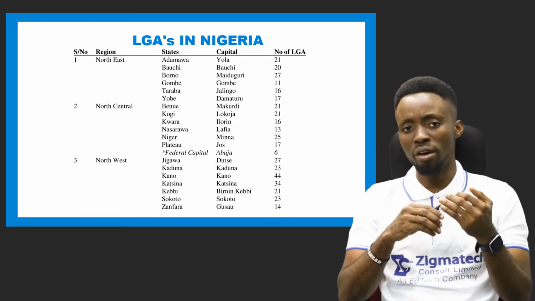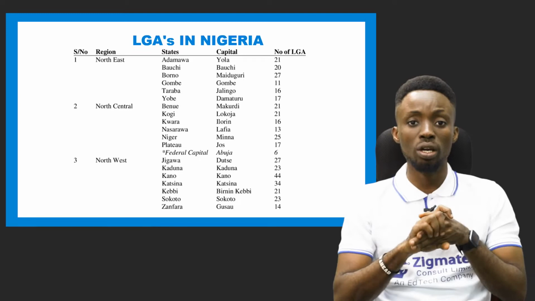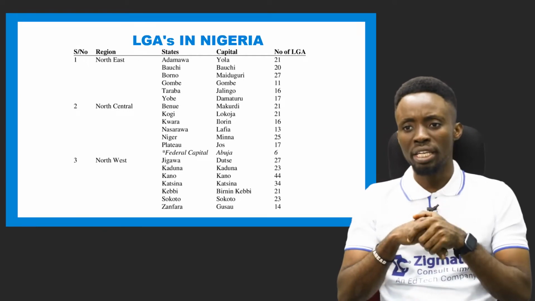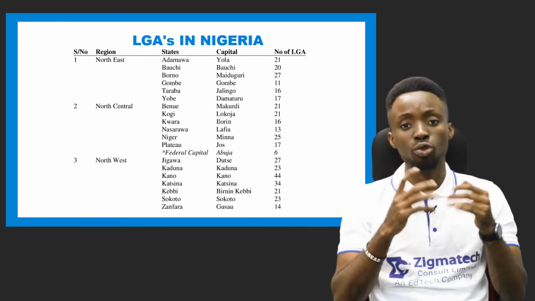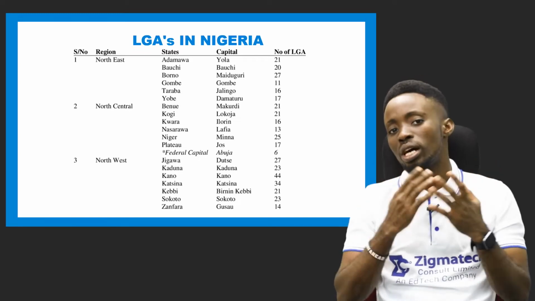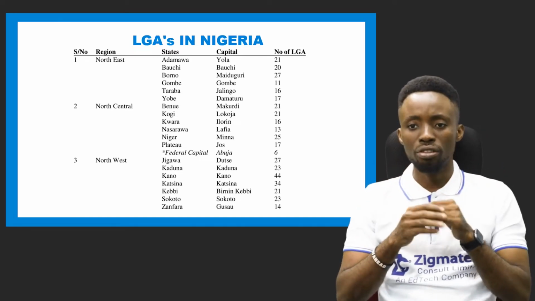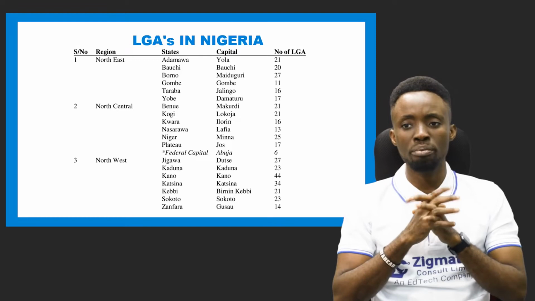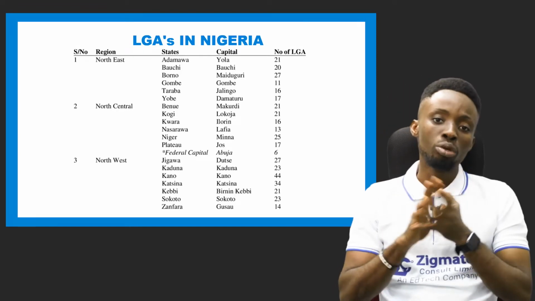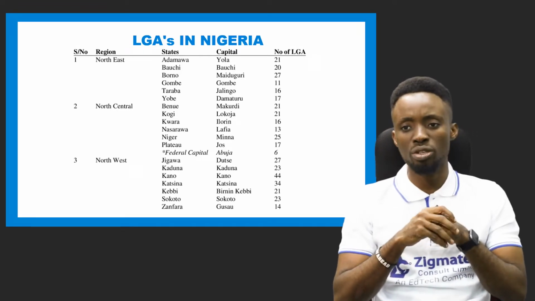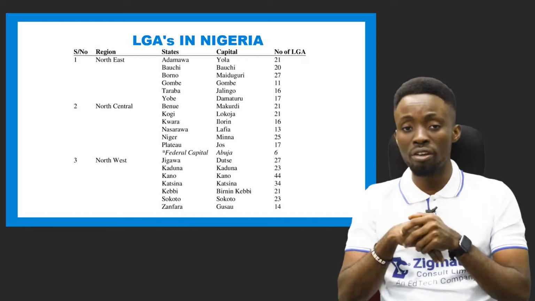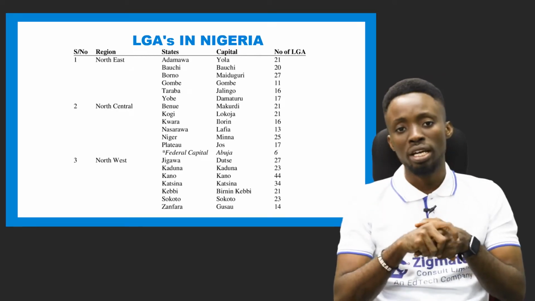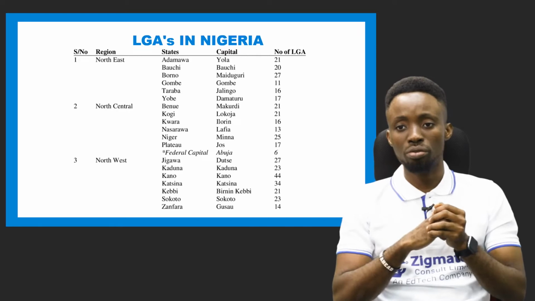And also in Kwara State, we have 16 local government areas, while in Niger and Plateau, we have 25 and 17 local government areas. Now, the FCT is actually made up of what we call municipal councils. And in the FCT, we have 6 area councils, municipal councils. So take note of that.